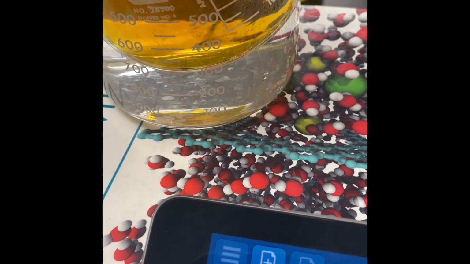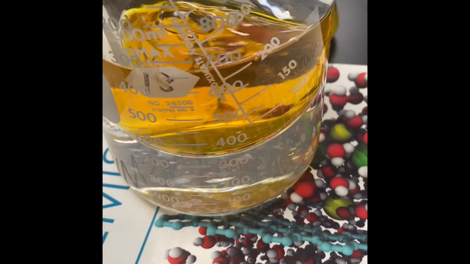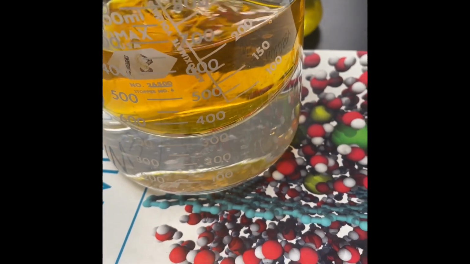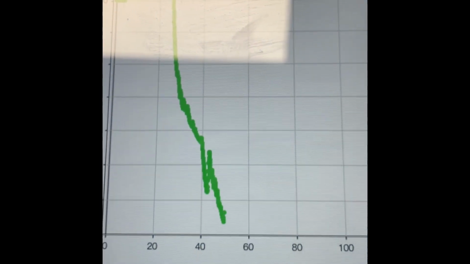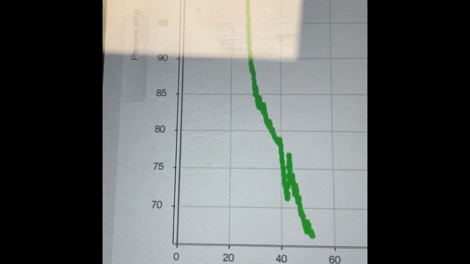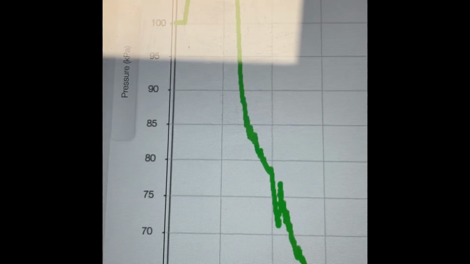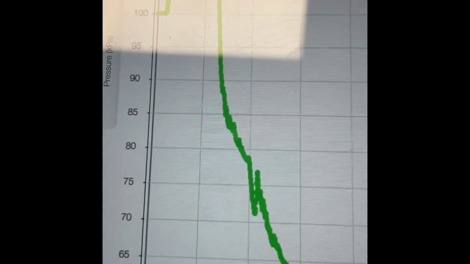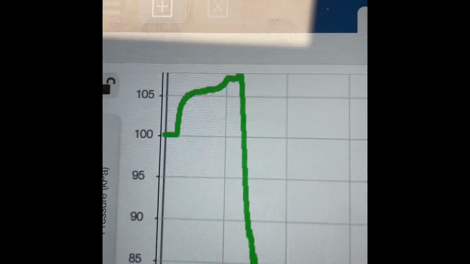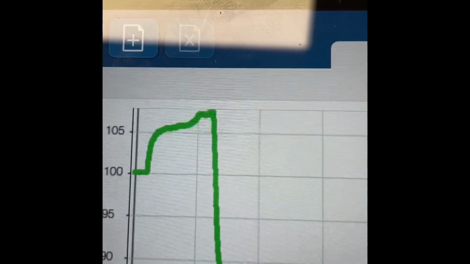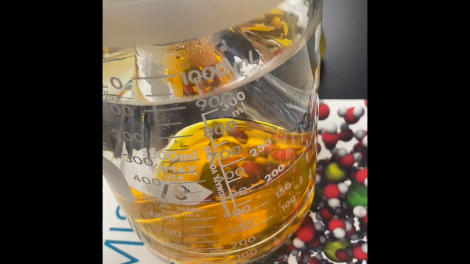And let's see, is this showing signs of boiling? It is showing signs of boiling, and let's check the data again. Quite a bit lower. It's almost a 40% decrease from our starting point there, going to over 40% decrease. And there we are.